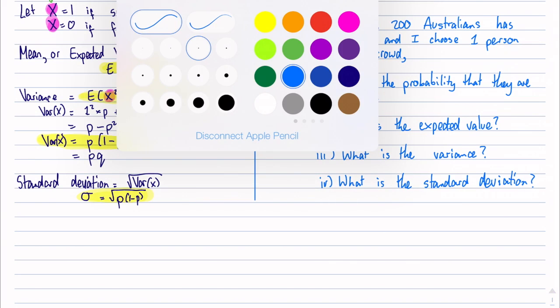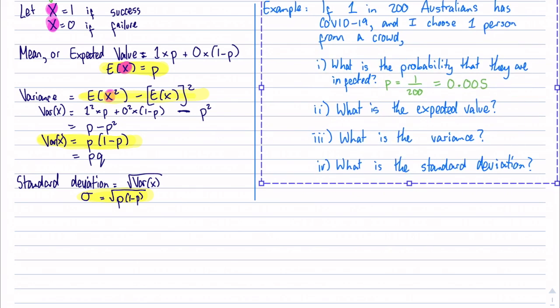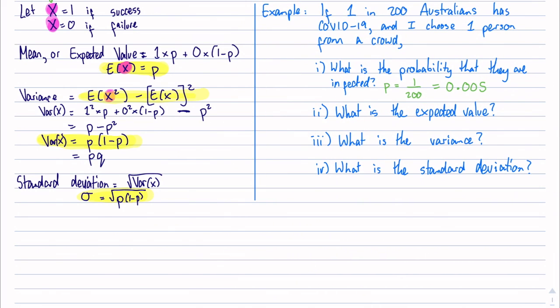Okay, so 1 in 200 people have COVID-19, so that means P equals 1 over 200, which is what, 0.005? Yeah, 0.01 is 1%. Which means the expected value, so E of X equals P, which is 1 on 200.